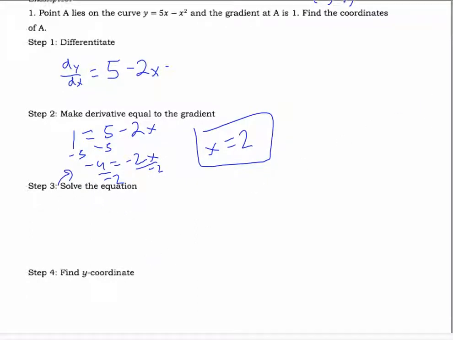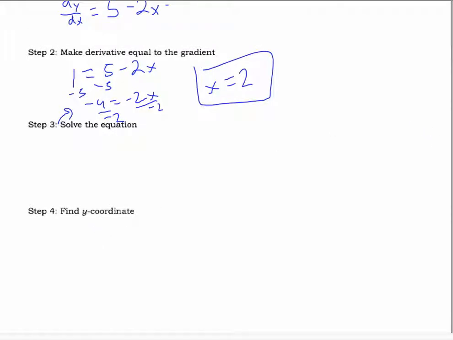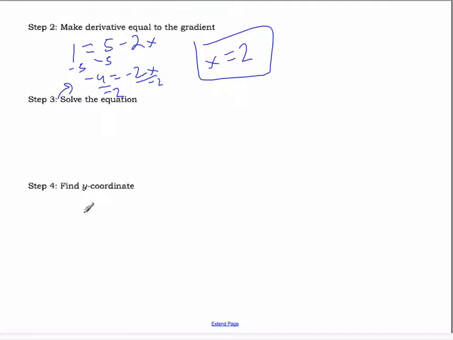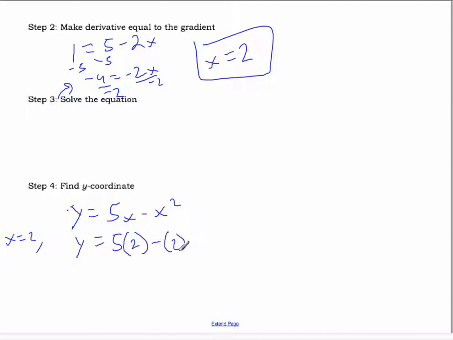So we're going to find the y coordinate. Well, we have the x coordinate. Our original function is y equals 5x minus x squared. We know x equals 2, so we're going to have y equals 5 times 2 minus 2 squared.